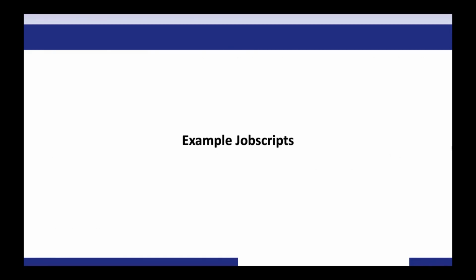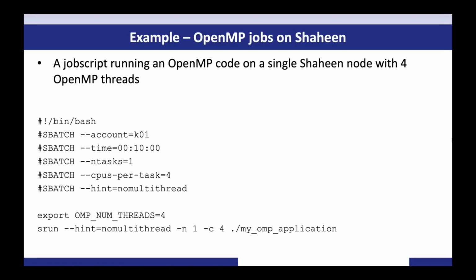Let us now see some example job scripts, which are commonplace on Shaheen. This is an example of submitting a batch job to run an OpenMP application on a single compute node of Shaheen. The application requires 4 physical cores to spawn OpenMP threads.